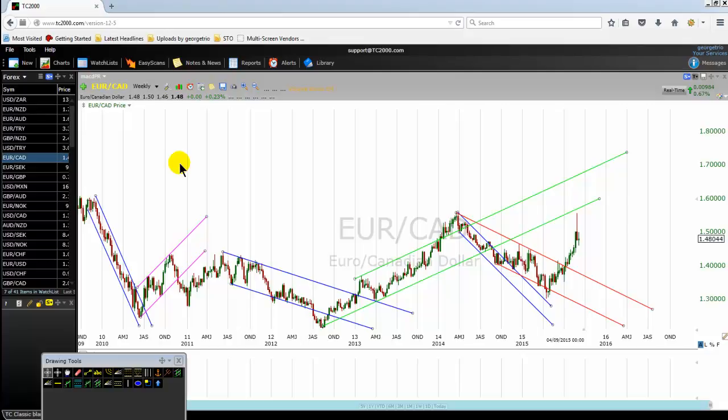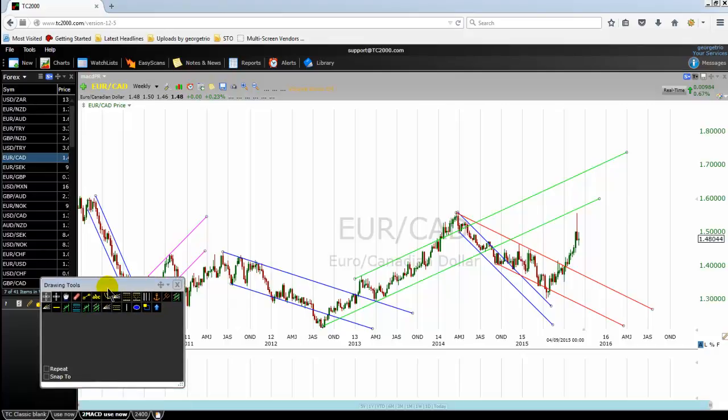In order to draw a declining channel, we need 3 points: a high, a lower high, and a low. With these 3 points, we can draw a channel.